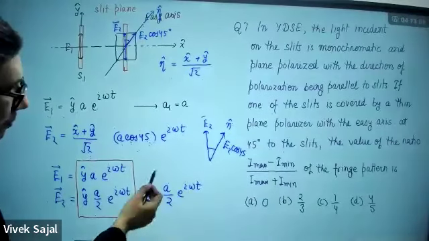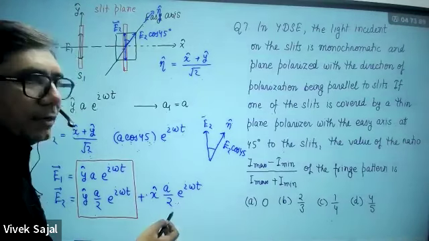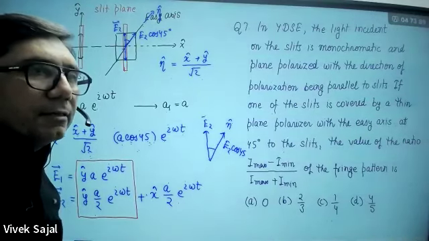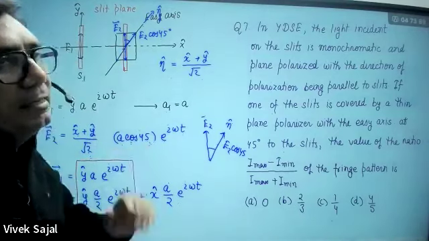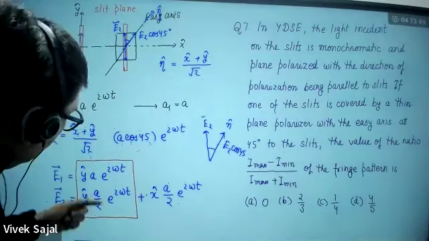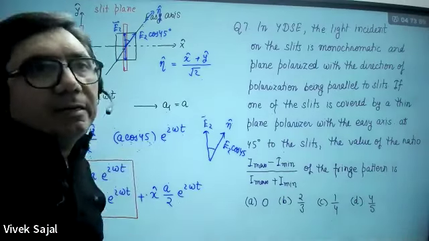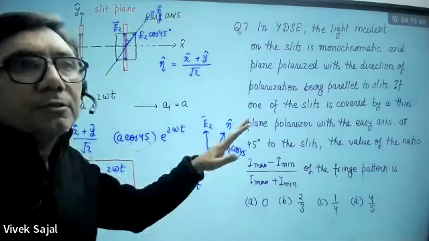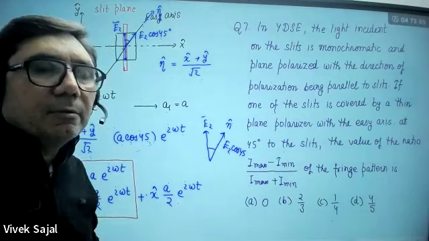But what is going to happen due to this? This is not interfering. So what will be due to this component of the electric vector or light? Due to this electric vector, there will be a uniform intensity everywhere. Here, because they are interfering, they are going to create an interference pattern where redistribution of intensity is there. At some places you are going to get maxima, at some minima.